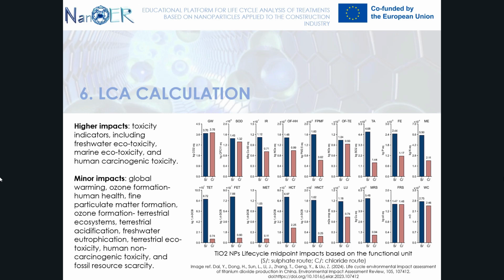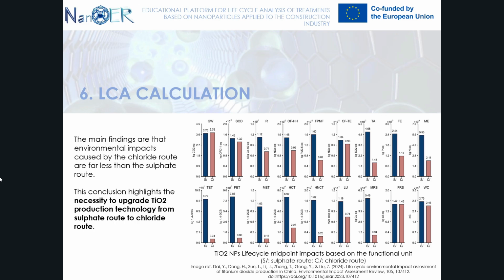The impacts of global warming, ozone formation, human health, fine particulate matter formation, terrestrial ecosystems, terrestrial acidification, freshwater eutrophication, terrestrial ecotoxicity, human non-carcinogenic toxicity, and fossil resource scarcity exhibit relatively minor environmental burdens. The remaining 6 impact indicators are negligible.